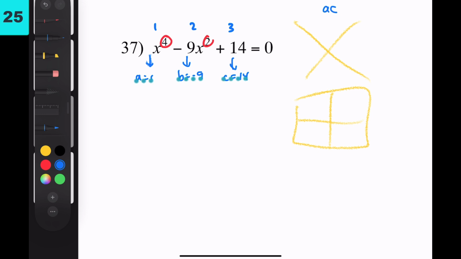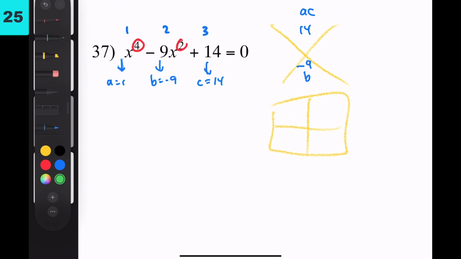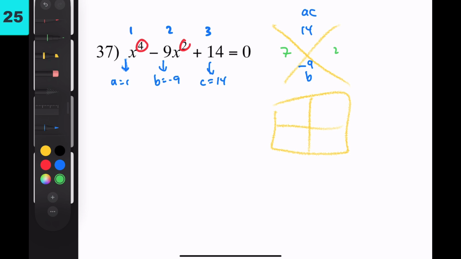A times C is 14, my B value is -9. My two numbers are going to be 7 and 2. I want these numbers to multiply to 14 and add to -9, so I'm going to make both of them negative.